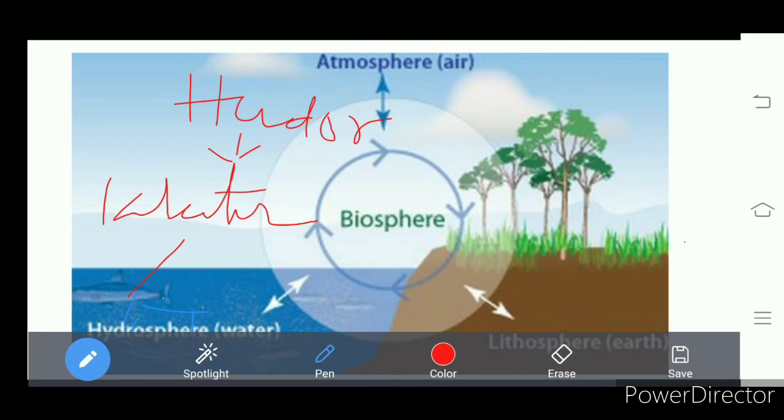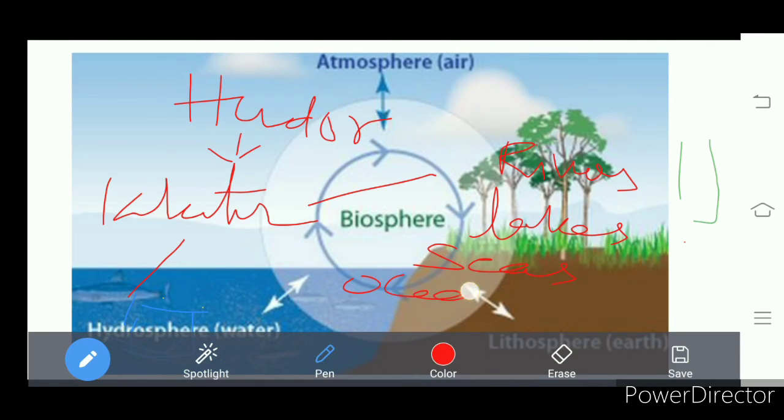Then water, in the sense of which water? Water in all types of sources. That means rivers, lakes, then seas, Arabian Sea, Bay of Bengal, like that.